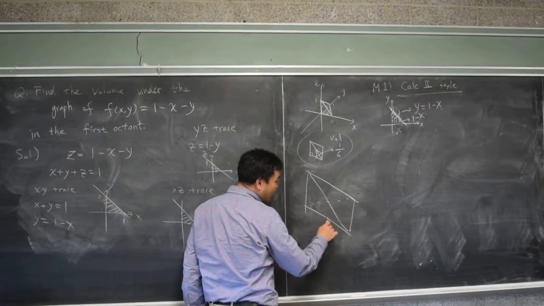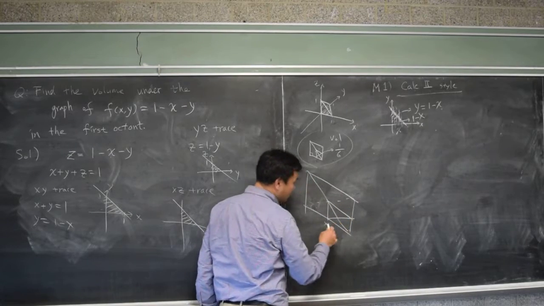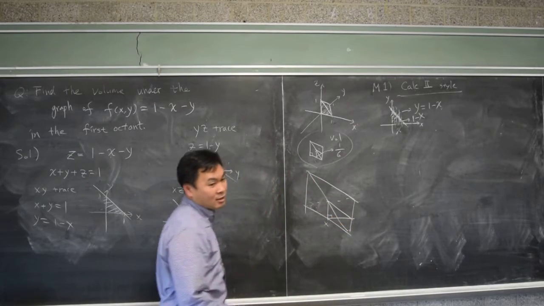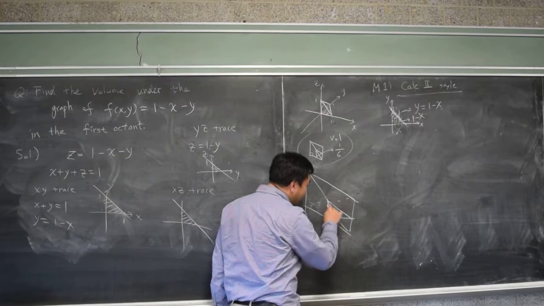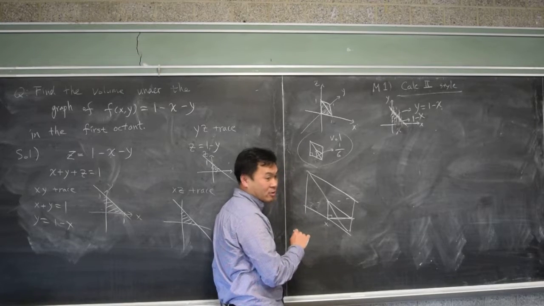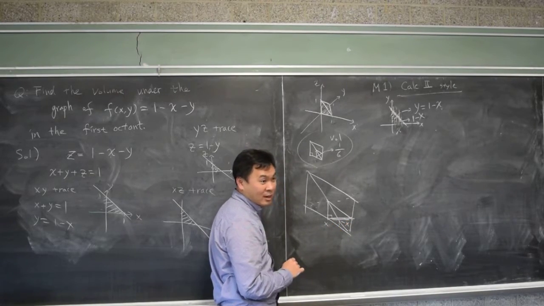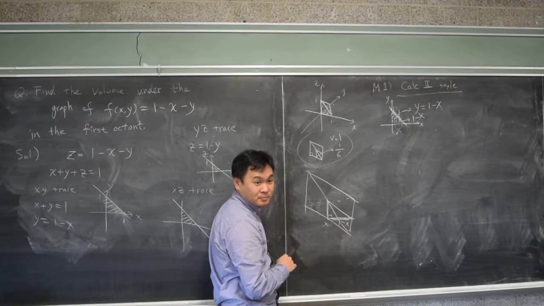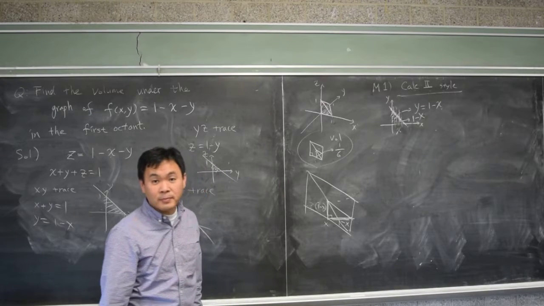So if you took any location x and took this cross section, the shape that you're going to get is a right triangle. Okay? Not only that, it'll be an isosceles right triangle, meaning that if this length is 1 minus x, as we said, what's this length? 1 minus x. Okay? Agreed?